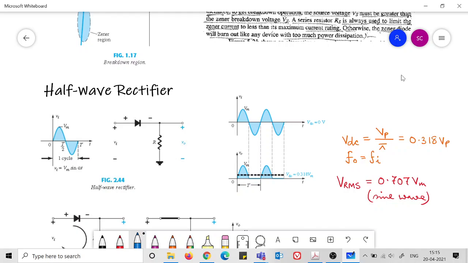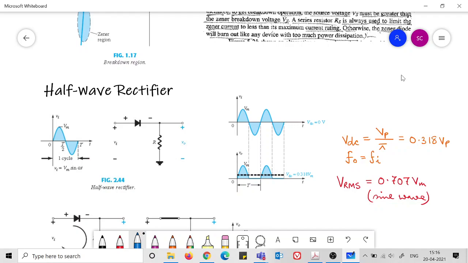Either it is ideal, that means it is a short circuit, or it is the second approximation, where there is a bias voltage, and the third approximation where there is a bias voltage as well as a resistance. So the different levels of approximation we utilize to solve the circuit, and when those different levels are to be utilized, that also we had discussed, and we had found that usually in most cases, the ideal diode approximation is quite valid.